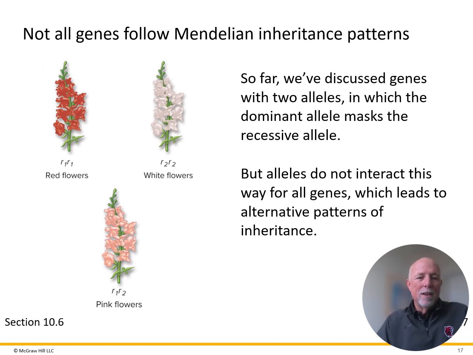For instance, there are some flower types that if you have a red flowered plant and you crossed it with a white flowered plant, you get pink flowers. Now this is very similar to melanism in humans. There's not just black or white in skin color in humans.